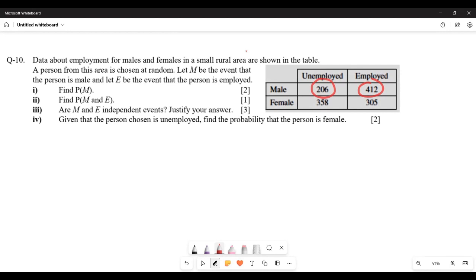सो हाउ मेनी मेल्स डू वी हैव इन टोटल इन द डेटा डिवाइडेड बाय टोटल नंबर ऑफ पीपल in the data.